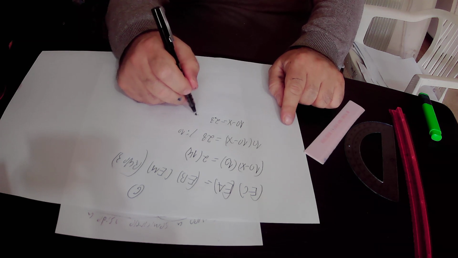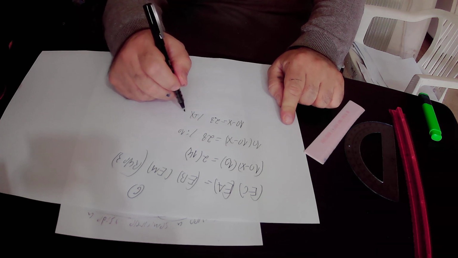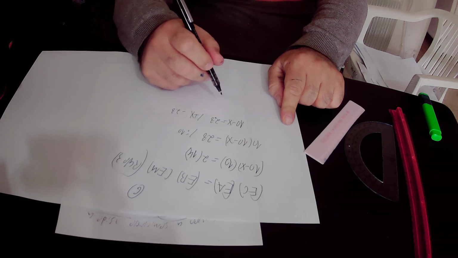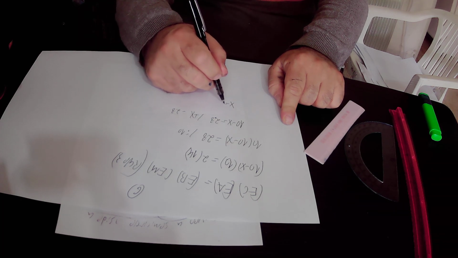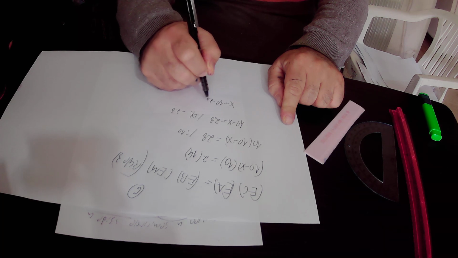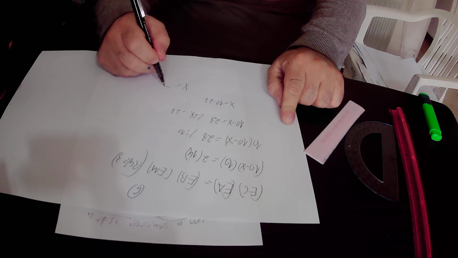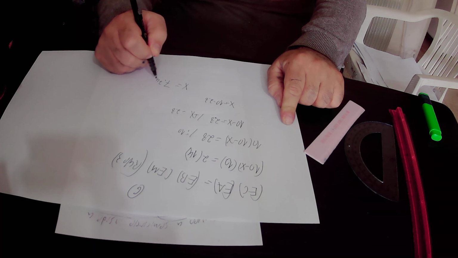We will add X to this equation and subtract 2.8, and we get that X equals 10 minus 2.8. That is to say, X equals 7.2 units.